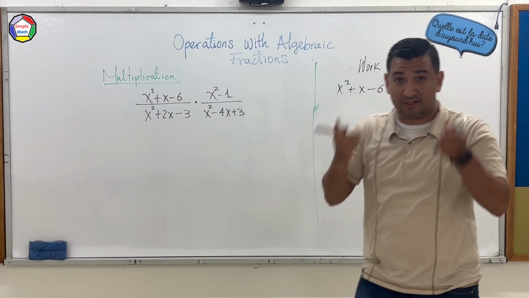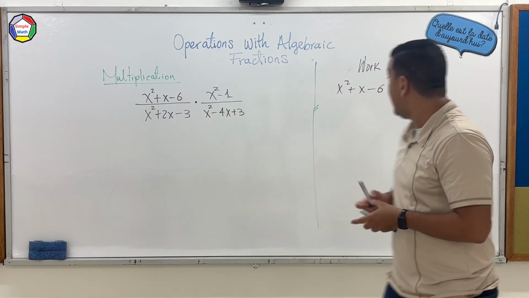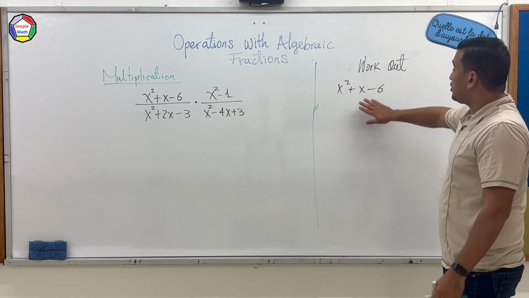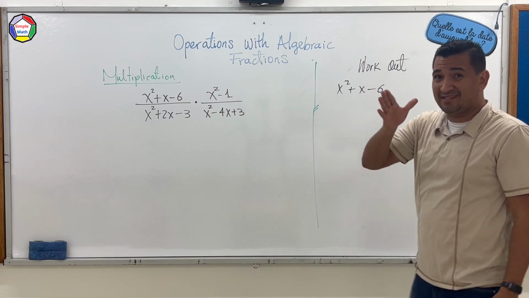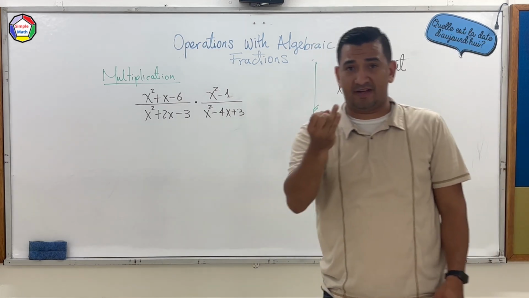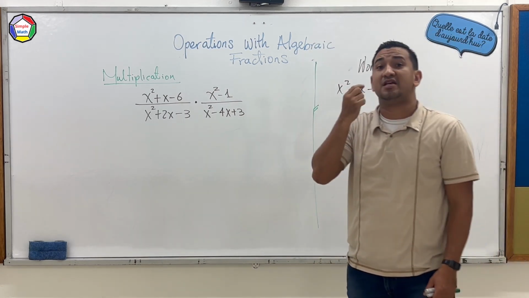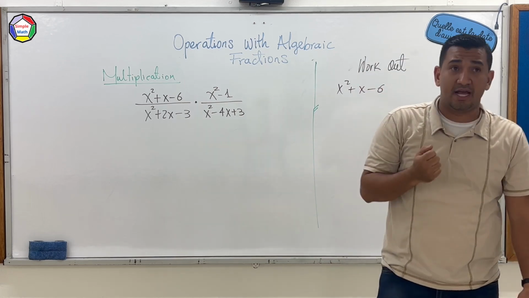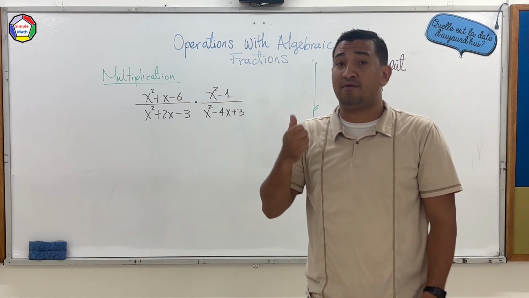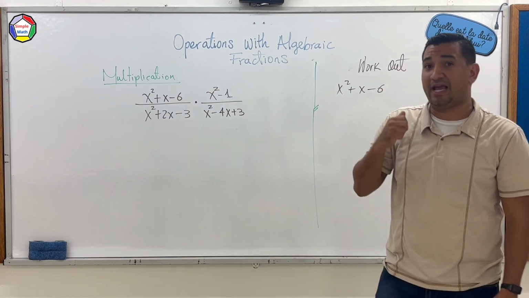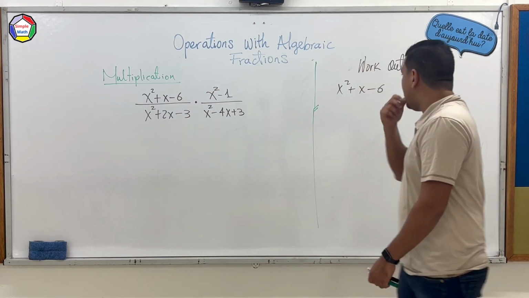We need to have all the factorization cases in our minds. So, remember the list: common factor, factor by grouping, square difference, sum and difference of cubes, perfect square trinomial, and the trinomials x squared plus bx plus c and ax squared plus bx plus c.